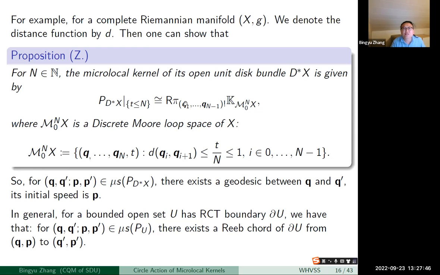And next we take the integral along Q1 to Qn-1. It means that we can choose the middle terms between Q0 and Qn. So in some sense, we can take a good approximation of a geodesic.